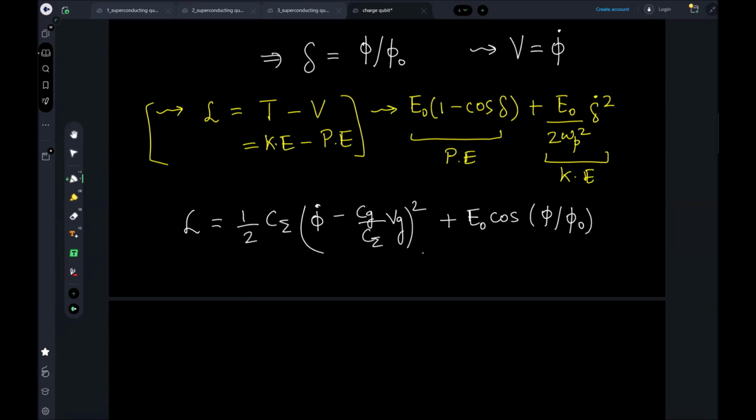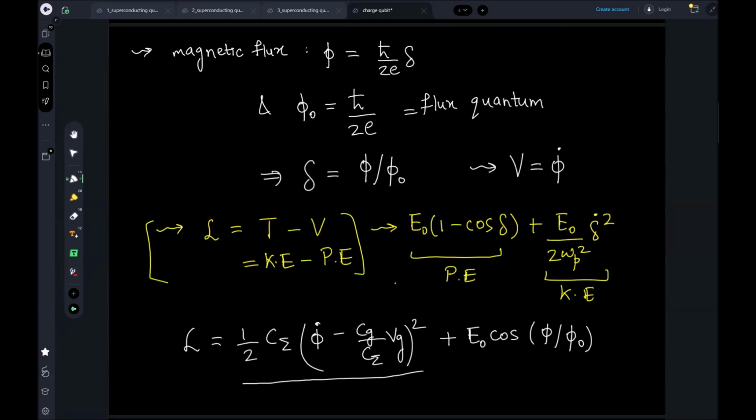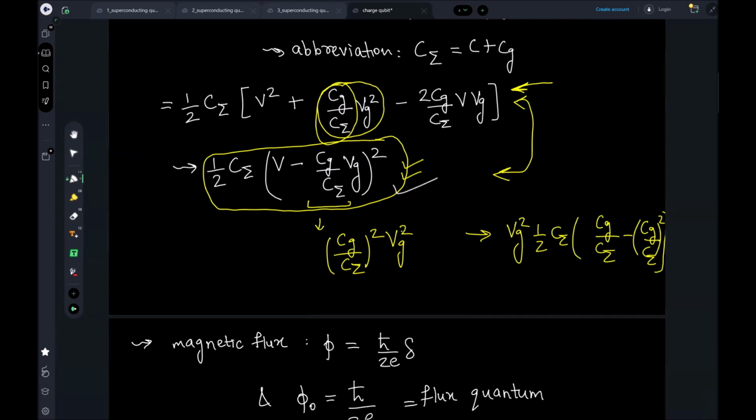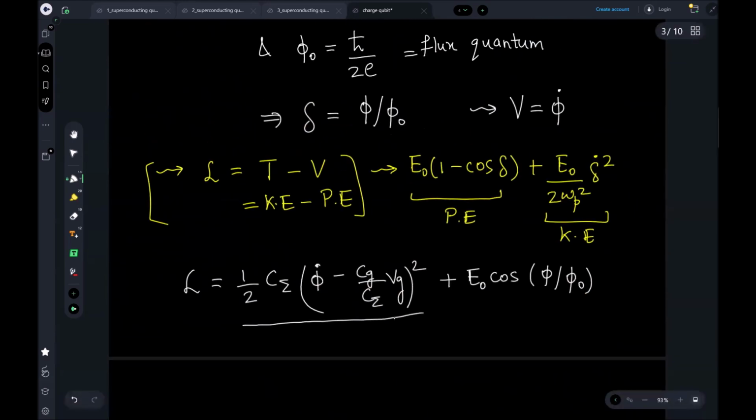Now, this is not the exact expression of the energy stored in the capacitor. But remember that previously I had said that I am going to use this expression for the total energy that is stored in the capacitor.